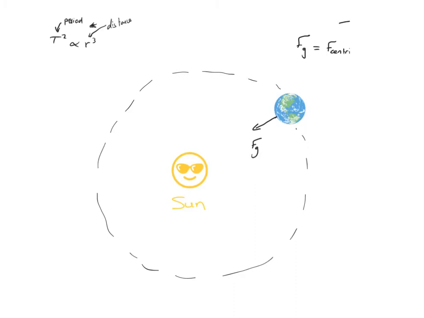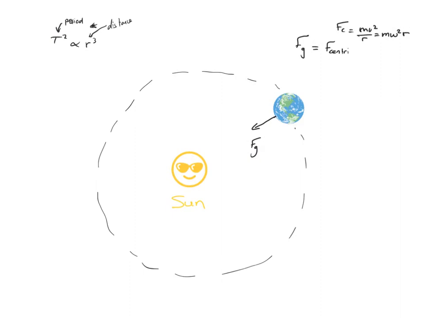We know that centripetal force can be calculated using mv squared over r or m omega squared r. You do need to be aware that this is the derivation of the equation that we're going to come out to. So you need to be very careful not to forget this.